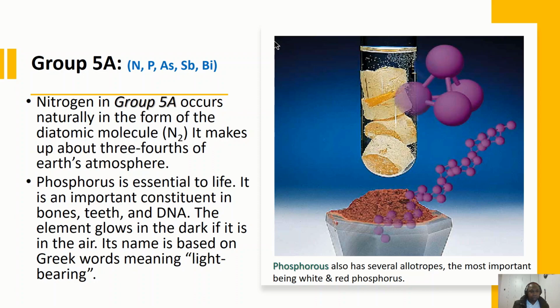Then there is another example, which is phosphorus. Phosphorus is essential to life. It is an important constituent of the bones, the teeth, and even our DNA. The element glows in the dark if it is in the air, and its name is based on the Greek word meaning light bearing.